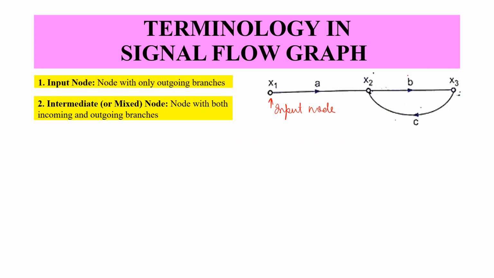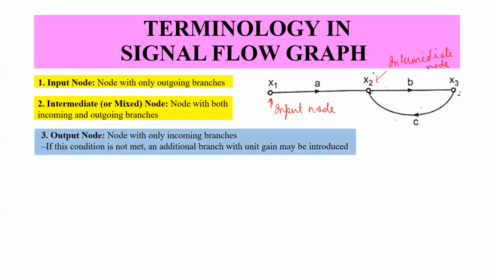As you can see here, this x2 is the intermediate node, or we can also call it a mixed node.